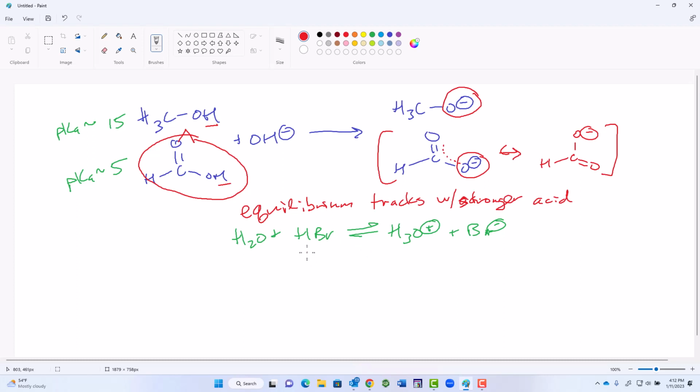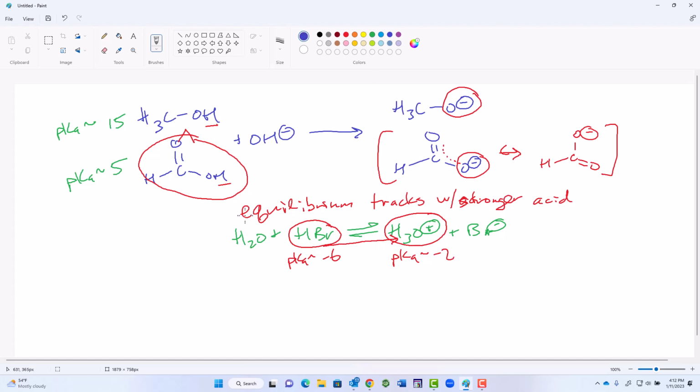So we first have to identify our acids. In this case, we have HBr, which is our acid, and our conjugate acid, which is H3O plus. There are a couple good benchmarks for pKa's to remember. I know that the pKa of HBr is about -6, and the pKa of H3O plus is about -2. So in this case, the equilibrium would favor the products.